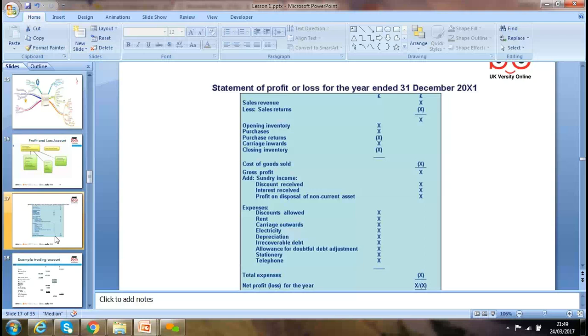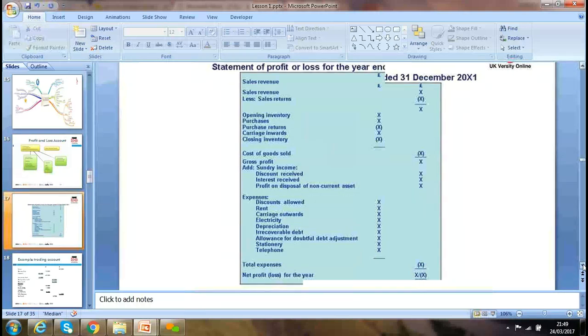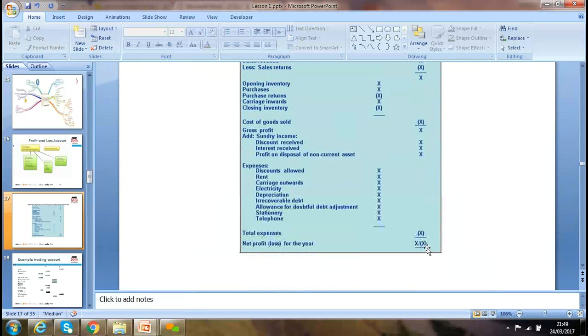Then any other income we can add, and we can minus all the other overhead expenses, total expenses. Then we'll get the net profit for the year. It can be a profit, sometimes it could be a loss as well.